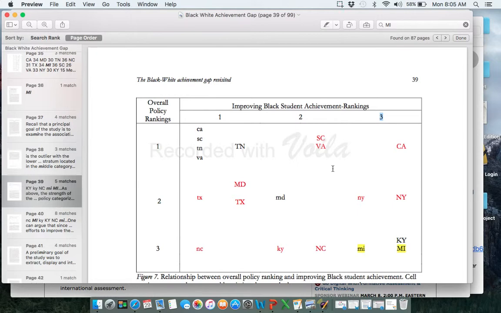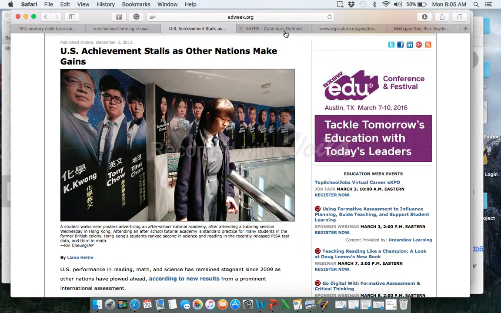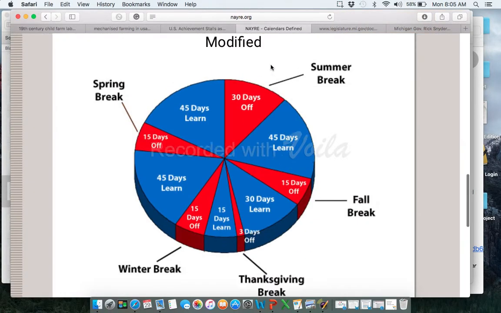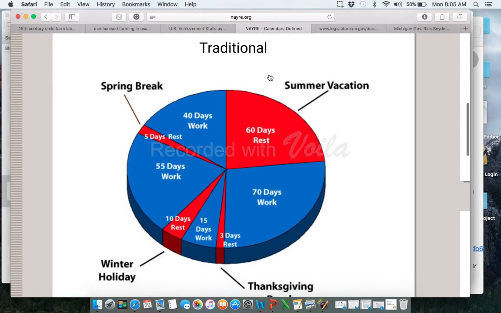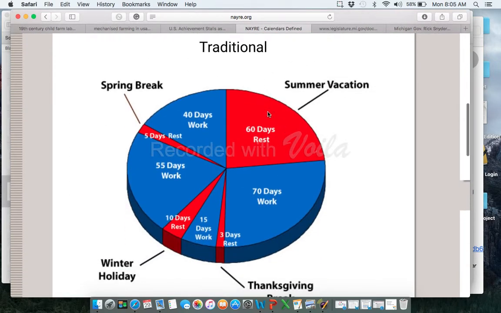One proposed technical change is the use of a balanced calendar. The traditional calendar has a long summer vacation and long work periods in the fall and spring. Gaps are sporadic and short throughout the school year.